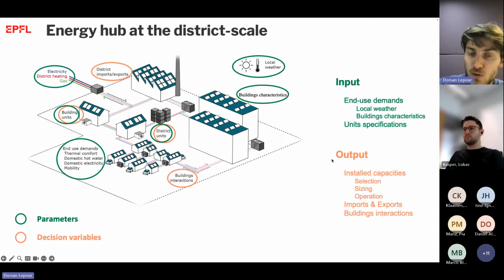And the outputs of the tool are the installed capacities, so some binary variables to select which equipment should be installed, what should be the optimal size, how should it operate through a typical year, and this will define the imports and exports of the district, and also the buildings' interactions, because they will be able to share some energy.